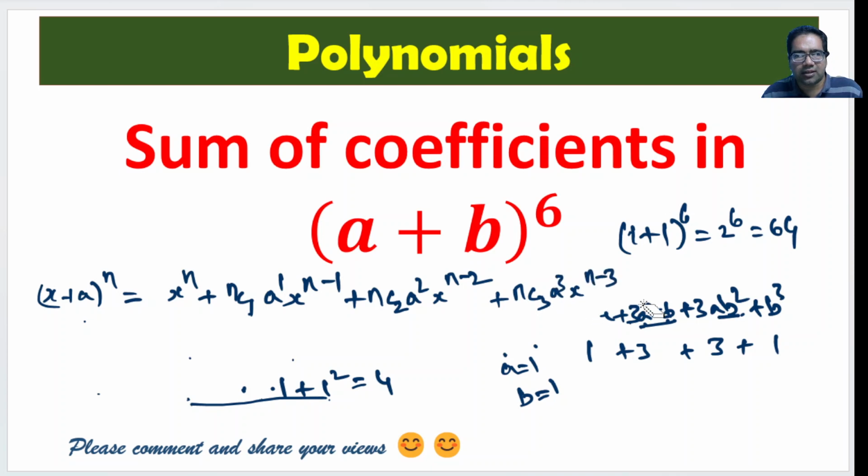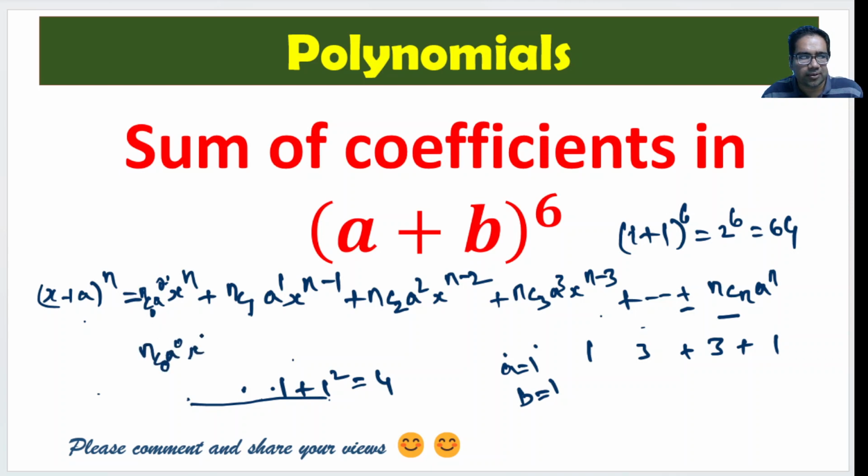Likewise, we go on until nCn a power n times x power 0, which is equal to 1. The first term is nC0 a power 0 x power n; a power 0 is 1 and nC0 is 1. So this is the expansion by our binomial theorem.